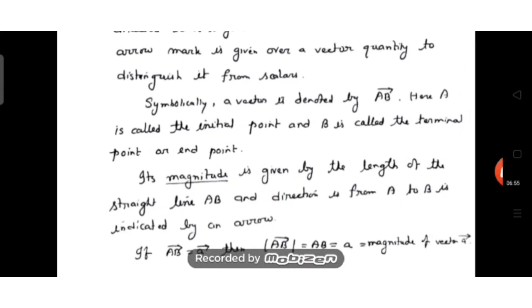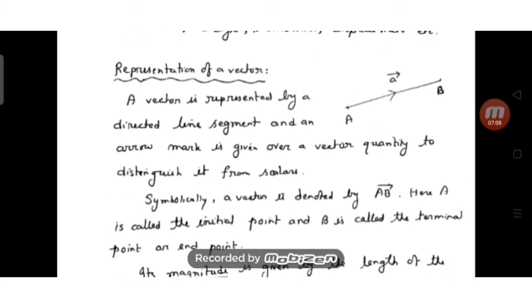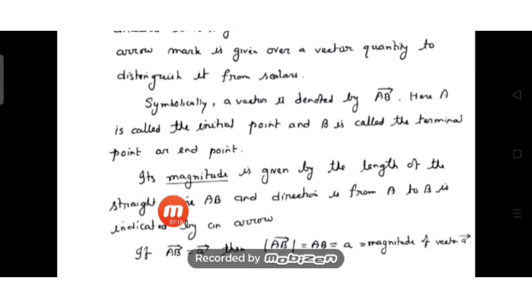Now you see, its magnitude is given by the length of the line segment AB. So suppose AB bar is of measure 2 meter, suppose here I'm considering the length of the line segment is 2 meter, then 2 meter will be the magnitude, and the direction is from A to B. So how is the magnitude given?